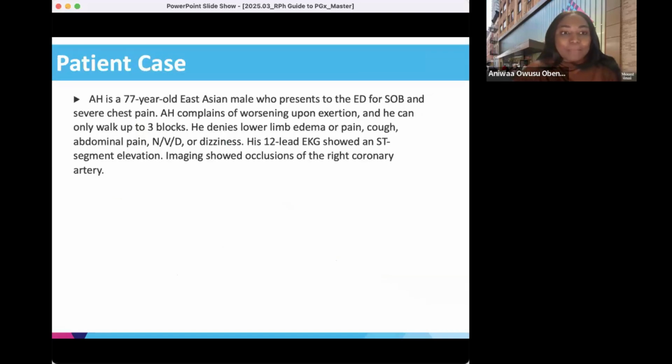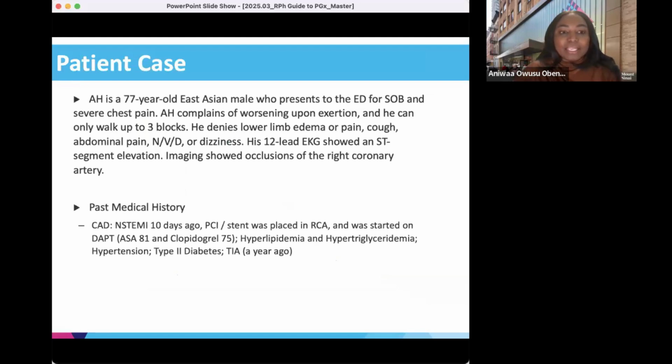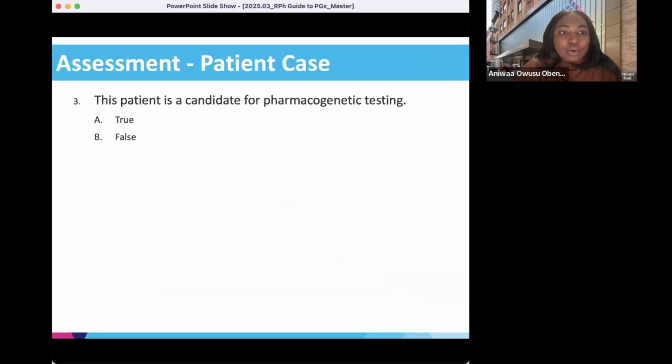Okay, so back to the patient. If you remember this gentleman, he comes back complaining of dizziness, worsening chest pain and so forth. Is this patient a candidate for pharmacogenomic testing? True or false? Let me check the chat. Oh, I can see the chat.